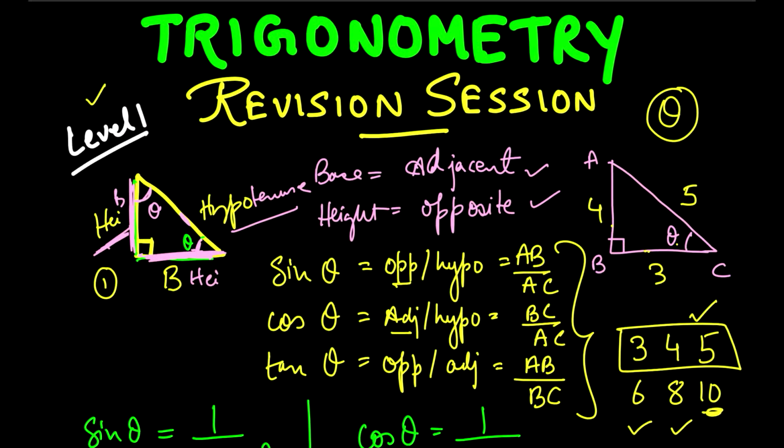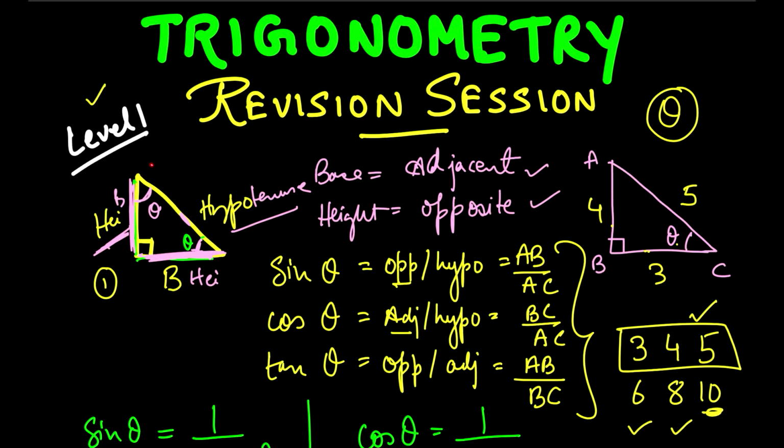The reason is that theta is the more appropriate word to use here. Whichever angle you are taking as theta, you have to make sure that the side lying right touching it is called the adjacent side.